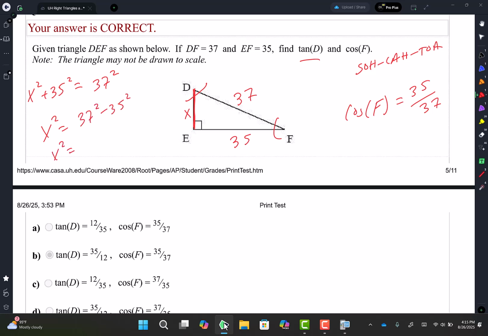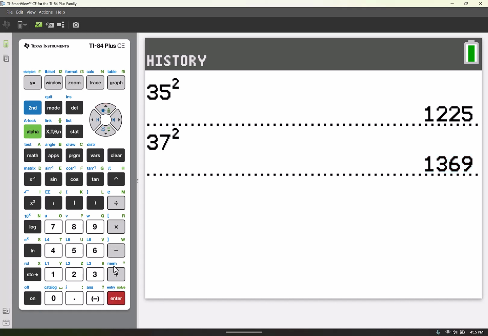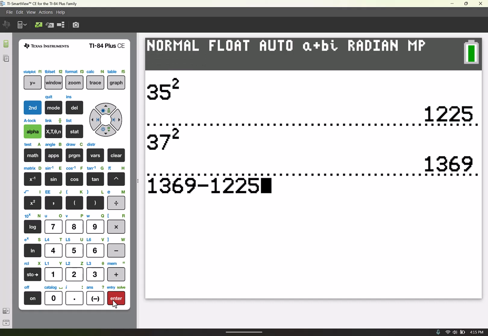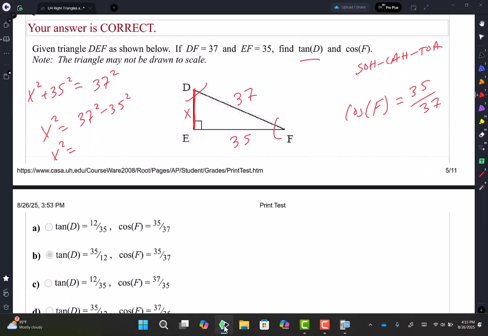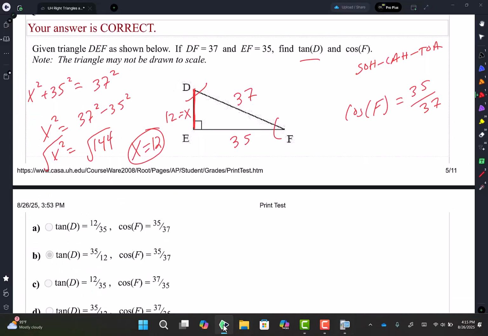So x squared equals 144. Square root to get x by itself, x equals 12. So there it is. I got 12. You can just do square root of 144.